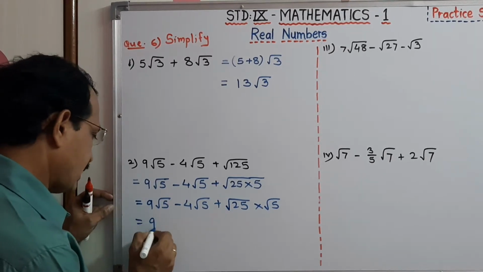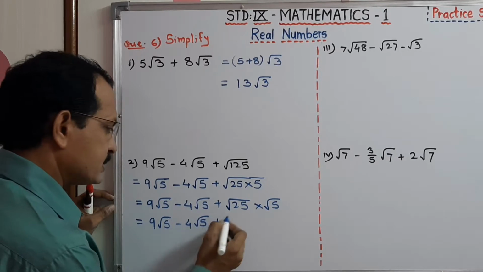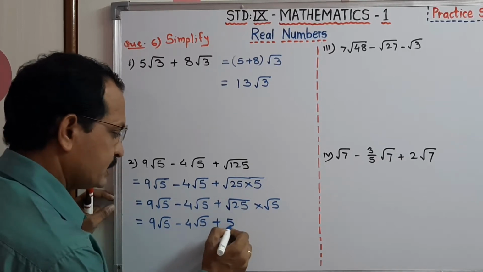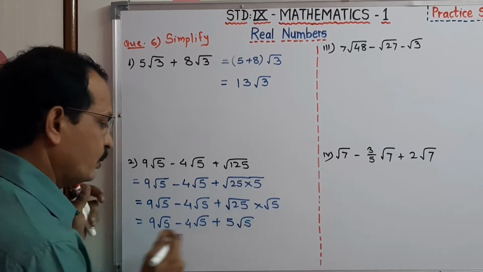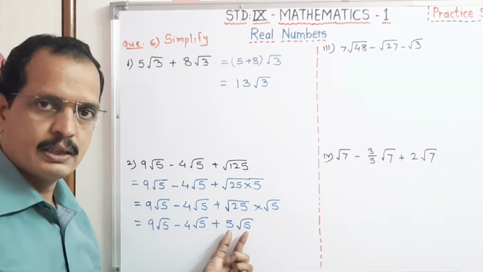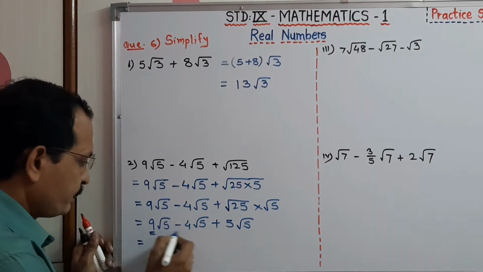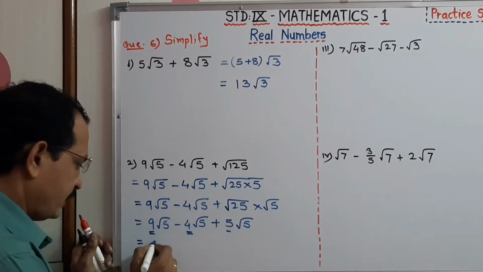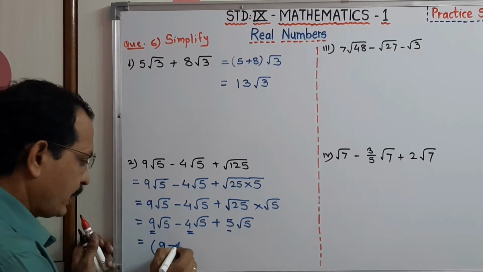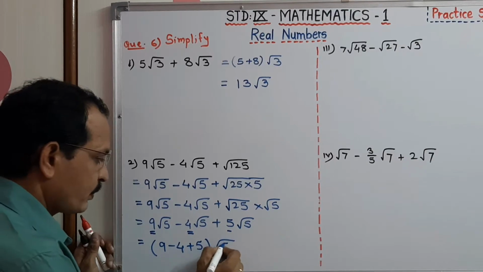Now it is 9 root 5 minus 4 root 5 plus square root of 25, which is 5 root 5. Now dear students, all these 3 surds are like surds, and now we take this 9, this 4 and this 5 in one bracket: 9 minus 4 plus 5, root 5.